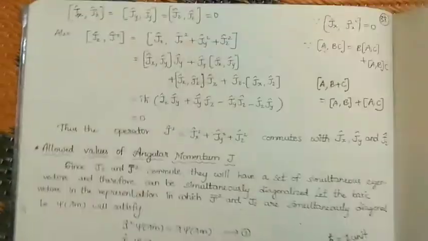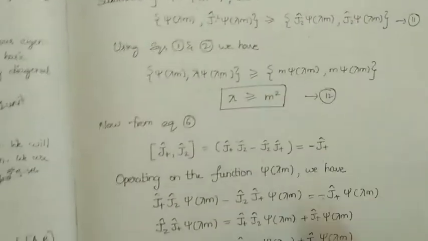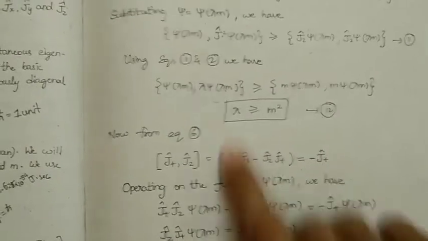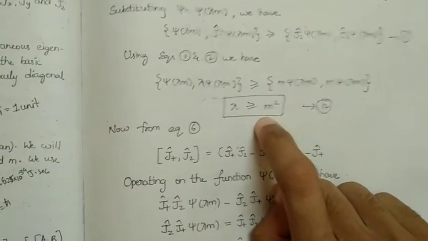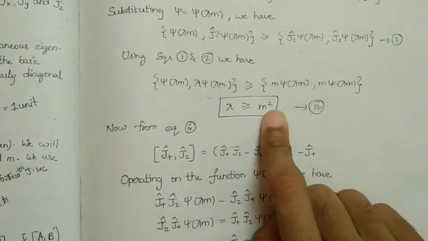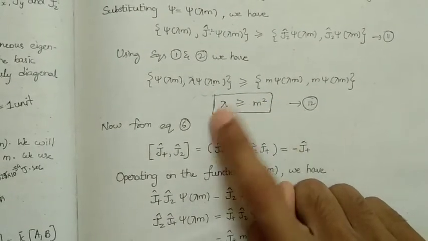So what is equation 12? This is very important. This process cannot keep going because lambda is greater than or equal to m square. Suppose lambda is 9. If we take 1 square, 9 is greater than 1 square. If we take 2 square, 9 is greater than 2 square.